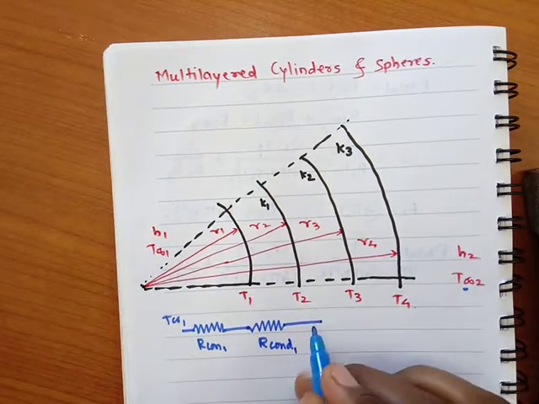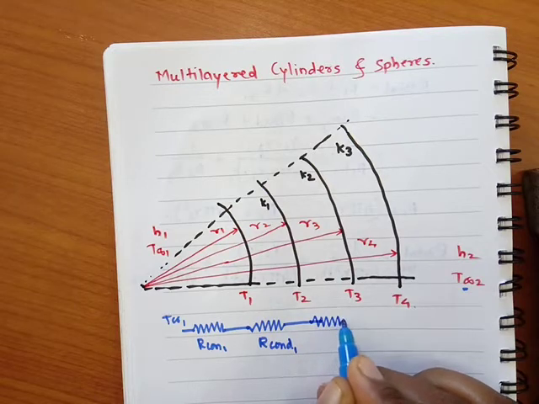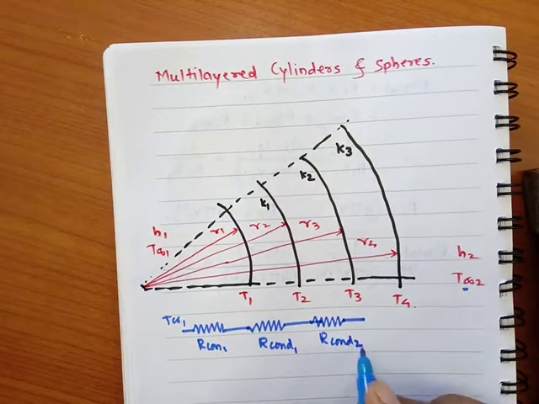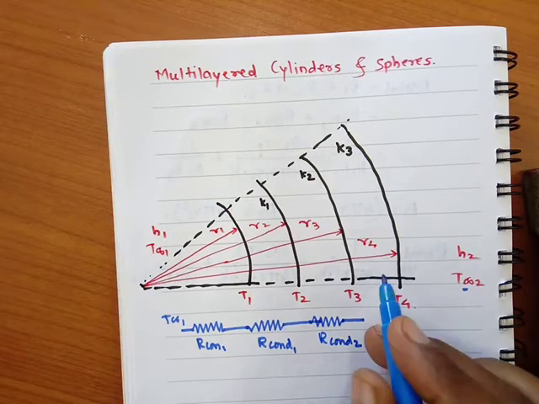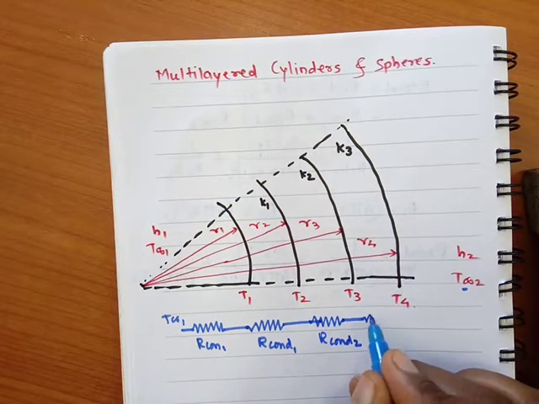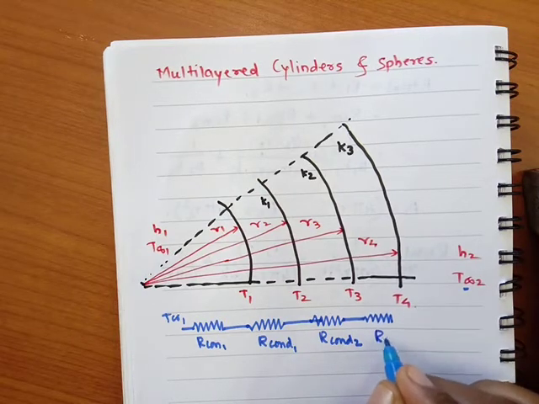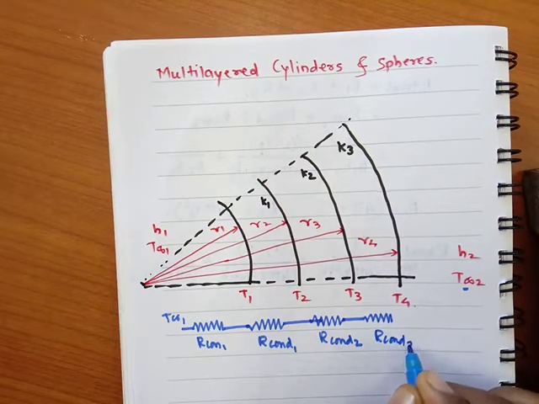The second material similarly has R conduction 2, and the third material offers R conduction 3.